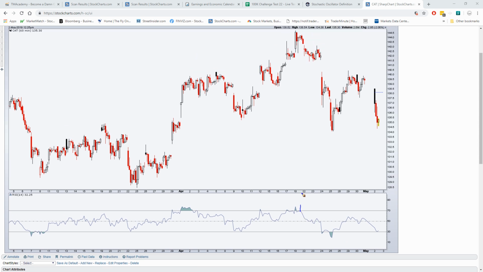So here we have the RSI not hitting a new high as the stock hits a new high, and then the RSI breaking below this trough level right here. Right, so right here, this is the short area. Great. Not going to call the top or anything like that, but it tends to be fairly accurate.